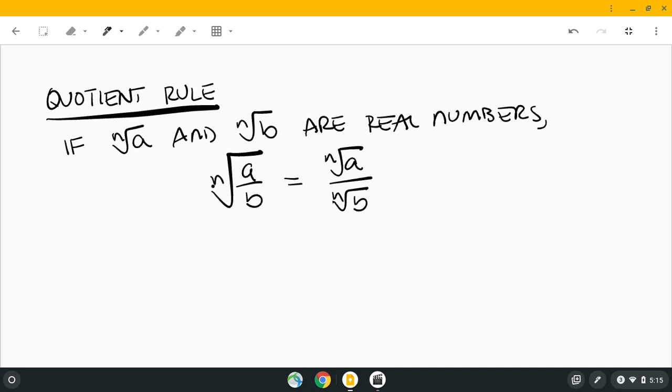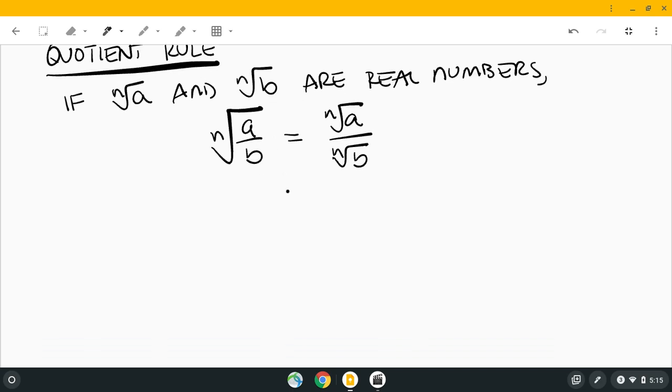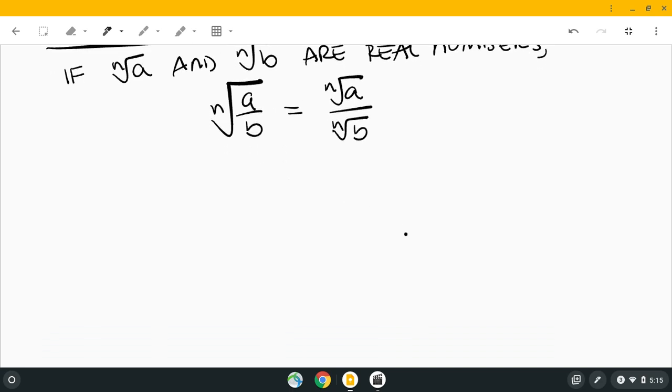If you have a quotient, you can split them up and maybe you can simplify one of them. Or if they're already split, if they can't be simplified, then maybe put them together and you can simplify. So be able to go that way, split them up or put them together in order to simplify.